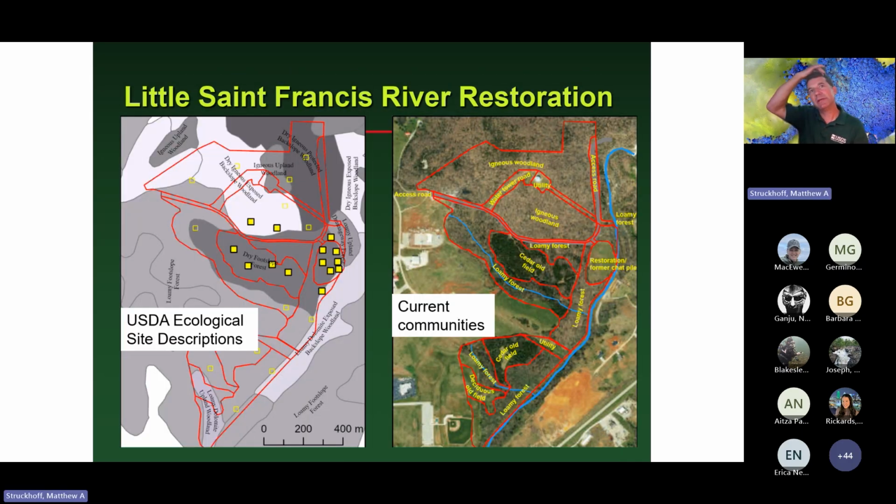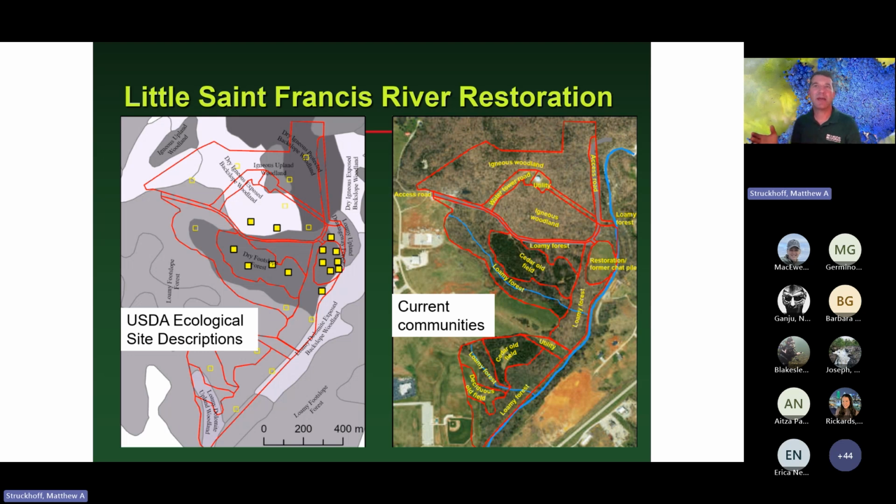Some more background here. Here are 2 images of our site. On the left-hand side, we have USDA ecological site descriptions. These are based on dominant soils and landscape position, and provide information about the capacity of these different areas to support particular communities, the ecological dynamics that may go on there, and what degraded conditions may look like.